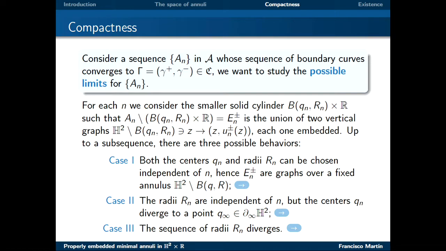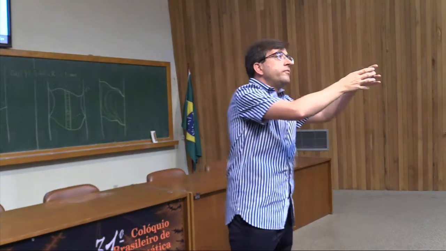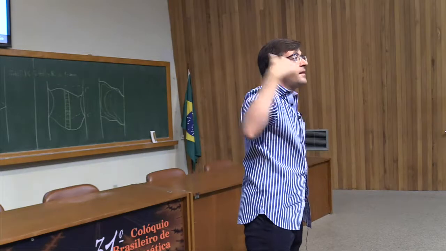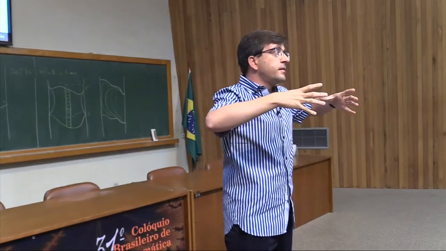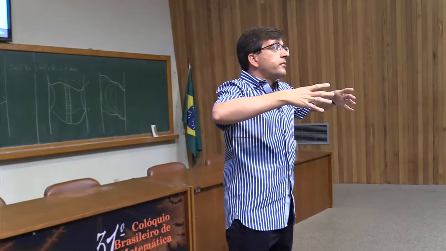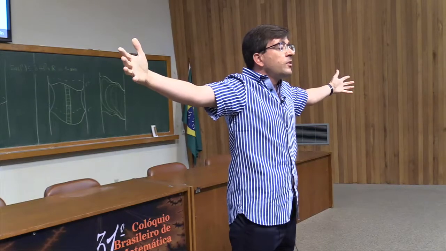For instance, in the picture that I showed you before, this cylinder can have a fixed radius but escape to infinity. This is the second case. And the third case is when the radius of the cylinder goes to infinity, which is the worst one.